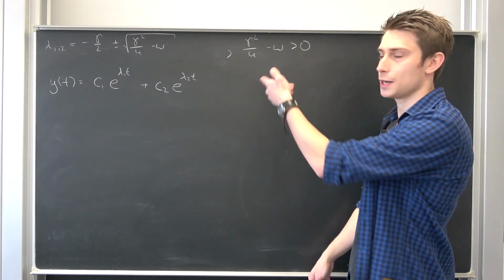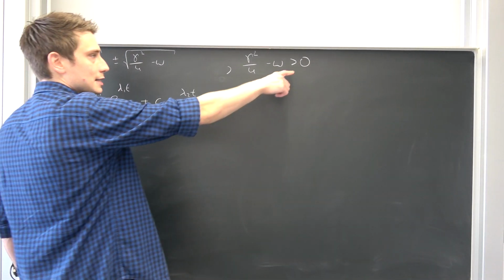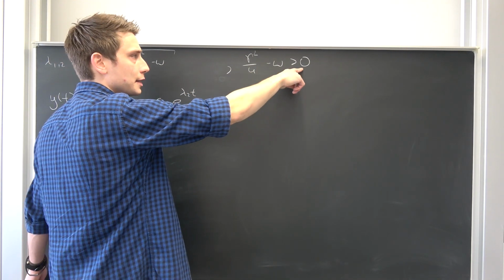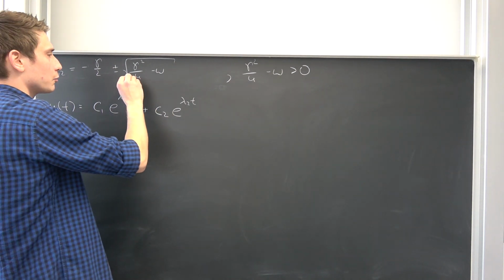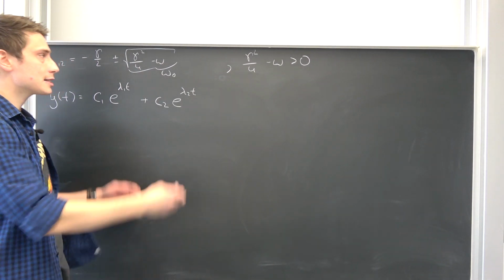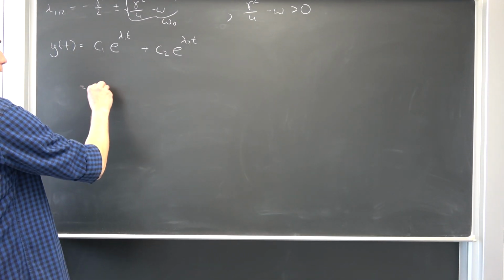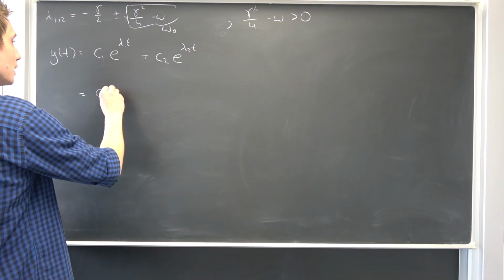And now it's just a matter of plugging stuff in. And well, there's no real problem with this right here. Whenever our discriminant is greater than 0, this is just going to be some real number. We can, for example, call it omega naught. Okay? This thing right here, our root, is just omega naught. Meaning, at first we are going to have some constant C1, real or complex constant.